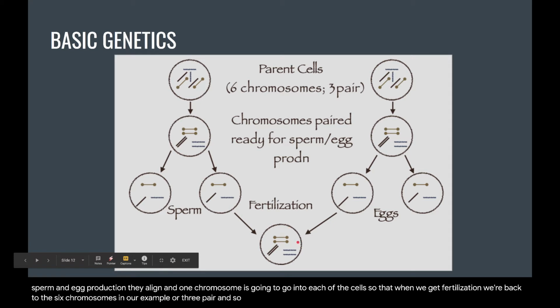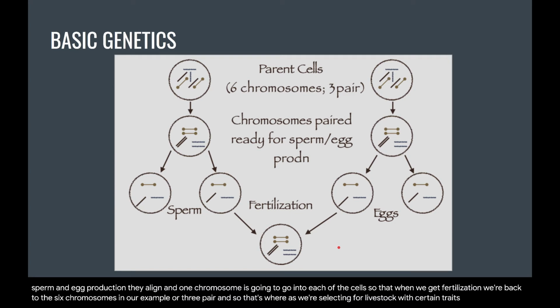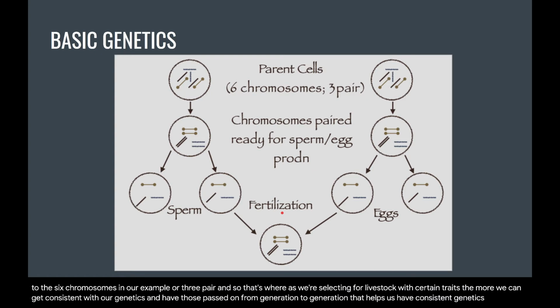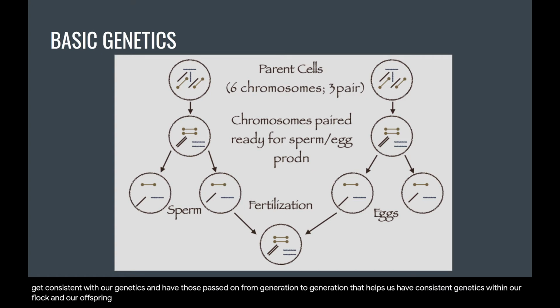And so that's where, as we're selecting for livestock with certain traits, the more we can get consistent with our genetics and have those passed on from generation to generation, that helps us have consistent genetics within our flock and our offspring.